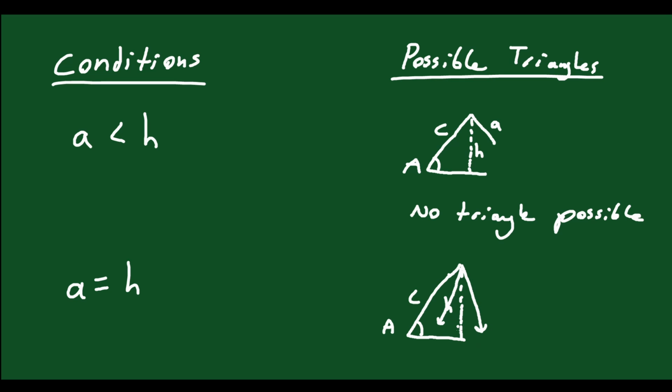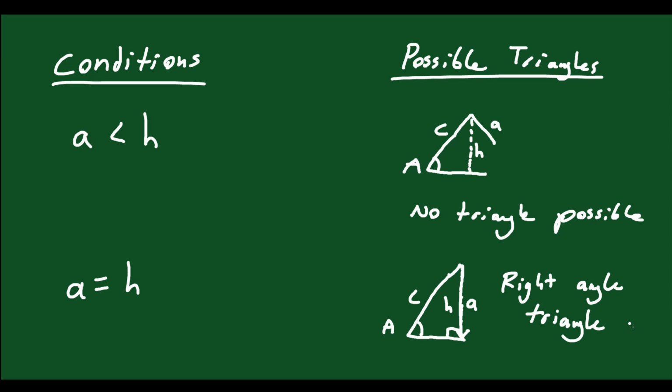And if I go to the left, it's not going to quite touch the ground. But when I swing it right into the middle, because it's the exact height of H, it's going to touch the ground like that, meaning it has to go straight down to close, meaning you have a 90-degree angle. So if A is equal to H, what that means is we have a right angle triangle.